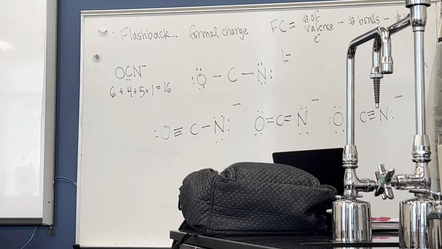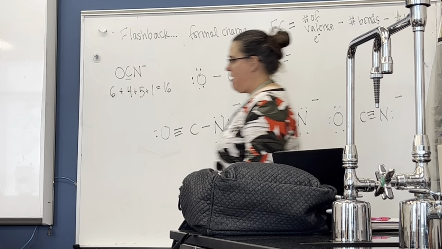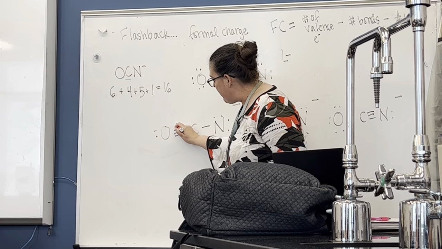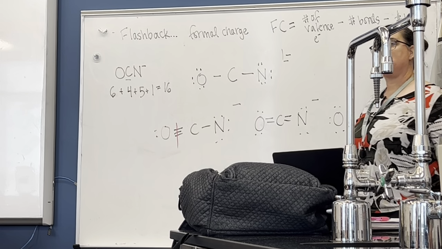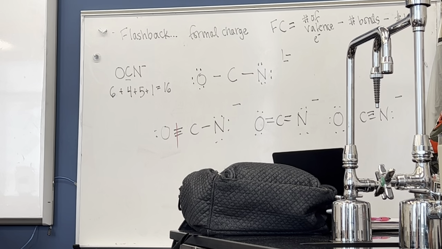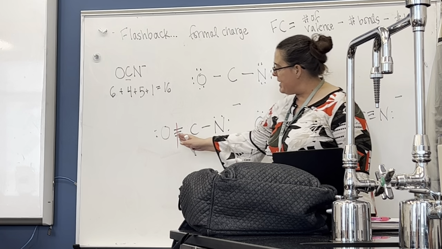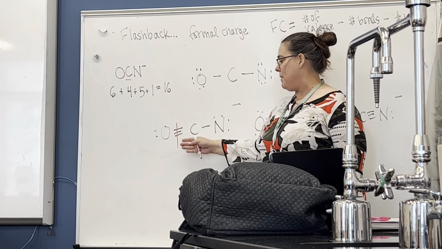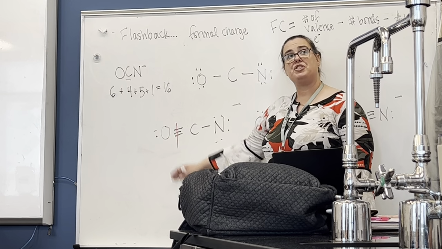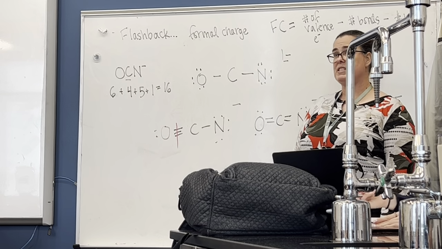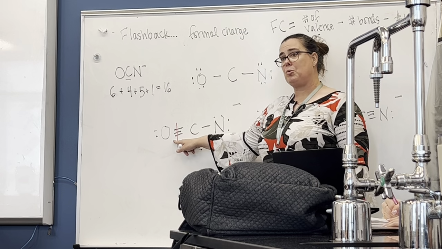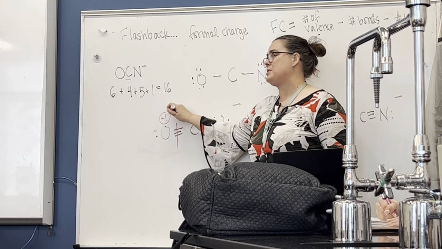If you don't like the formula, which some of you undoubtedly won't prefer, the way I'm sure I tried to convince you to do this was to say formal charge is the limit where all bonds are perfectly covalent. So I'm going to ignore that there's a difference in electronegativity between carbon and oxygen, and what I'm going to say is that the 6 electrons that are in that triple bond are going to be split evenly between the oxygen and the carbon. So when I look at this oxygen, based on the periodic table, it should have 6, but this guy has 1, 2, 3, 4, 5. He's short 1 electron, his formal charge is +1.